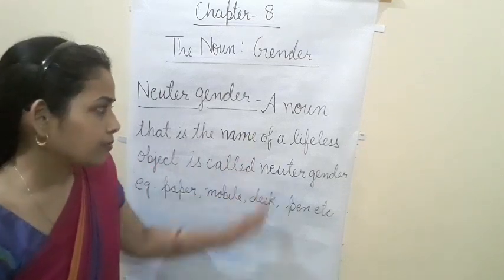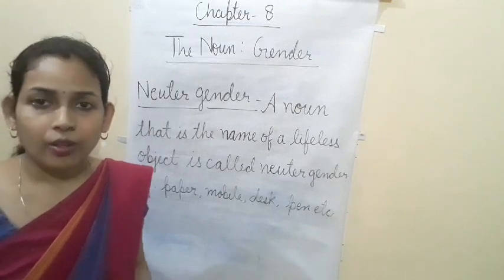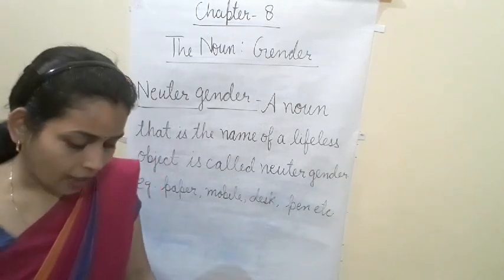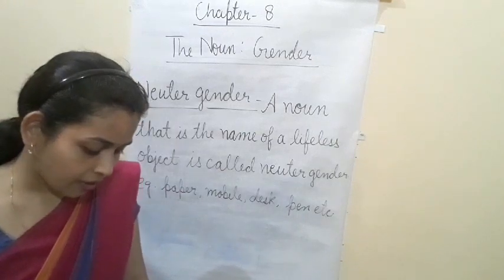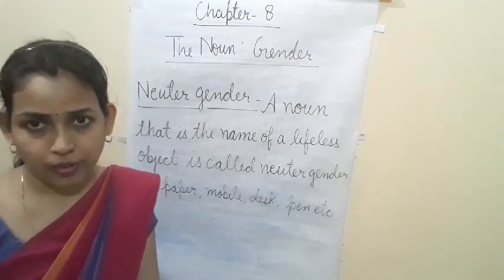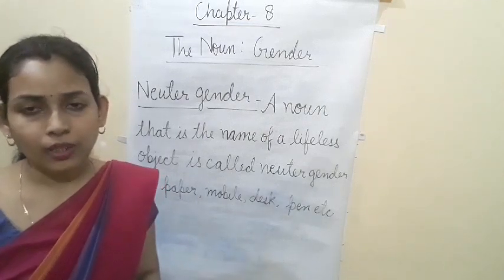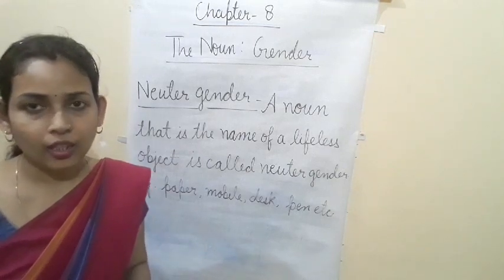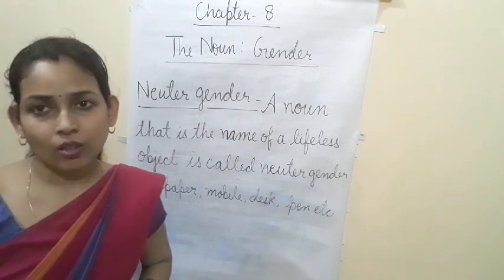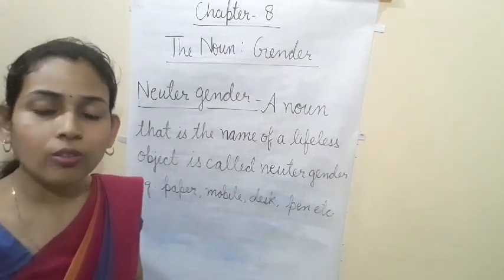We use a noun that is the name of a lifeless object. Many examples of neuter gender are given in your book; you can just read it. We just have to keep in mind that only lifeless objects are neuter gender. Move to the next point.